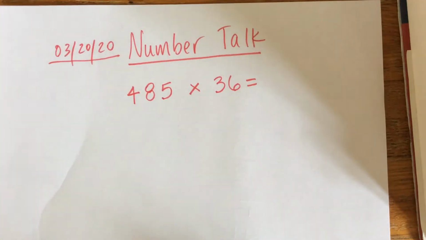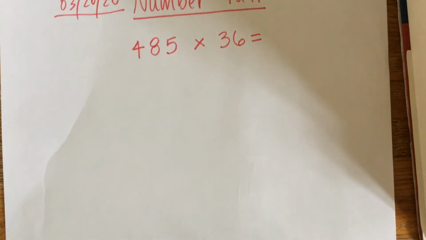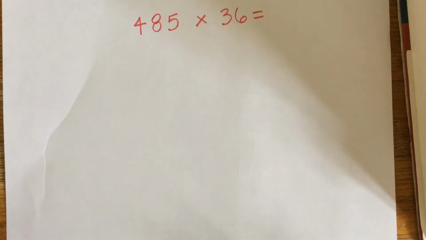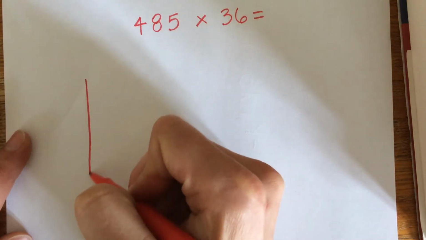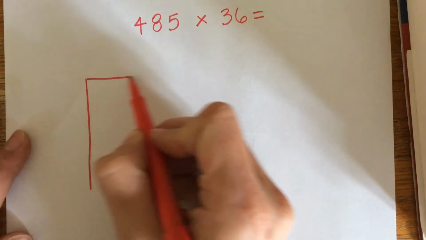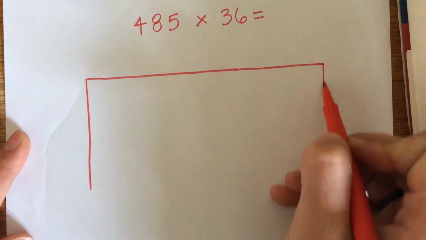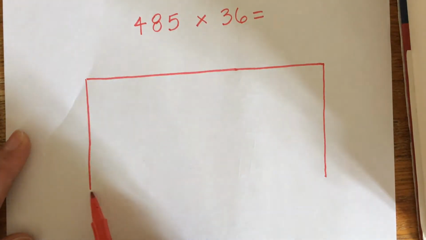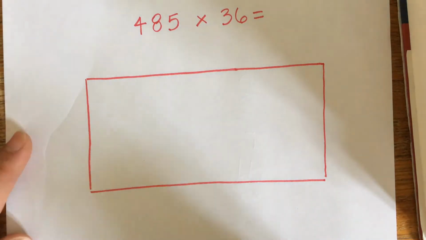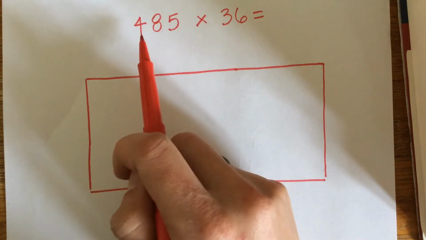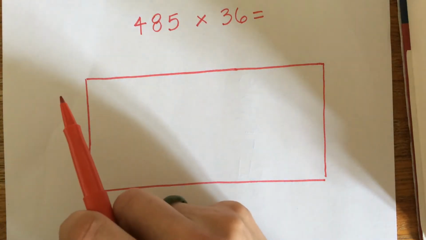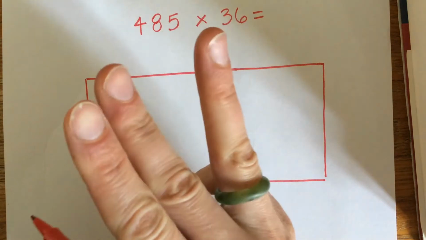So hopefully you have done your work on your own, and if you are ready, we're going to move on to the area model. So I love an area model. I'm going to draw myself a large rectangle, and I am going to notice that this rectangle has how many digits? 3. That's right.